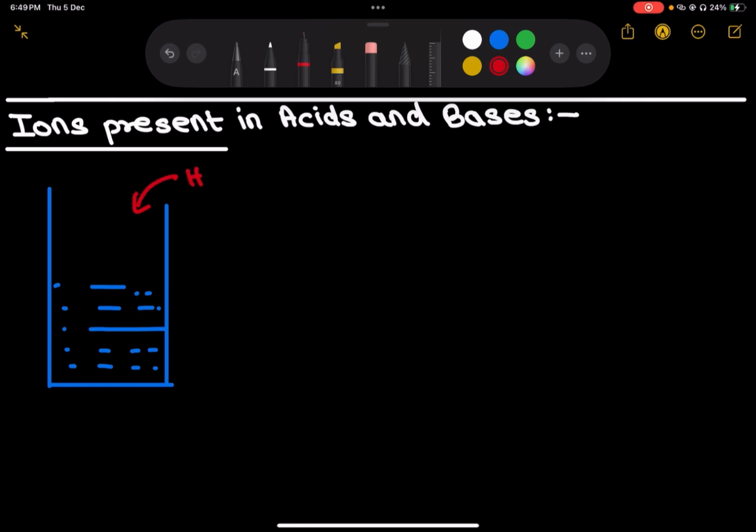HCl, right, so when it dissolves in water, what happens in the beaker? H plus ions and Cl minus ions get separated out. So you have H plus Cl minus, H plus Cl minus, H plus Cl minus, all inside the beaker.